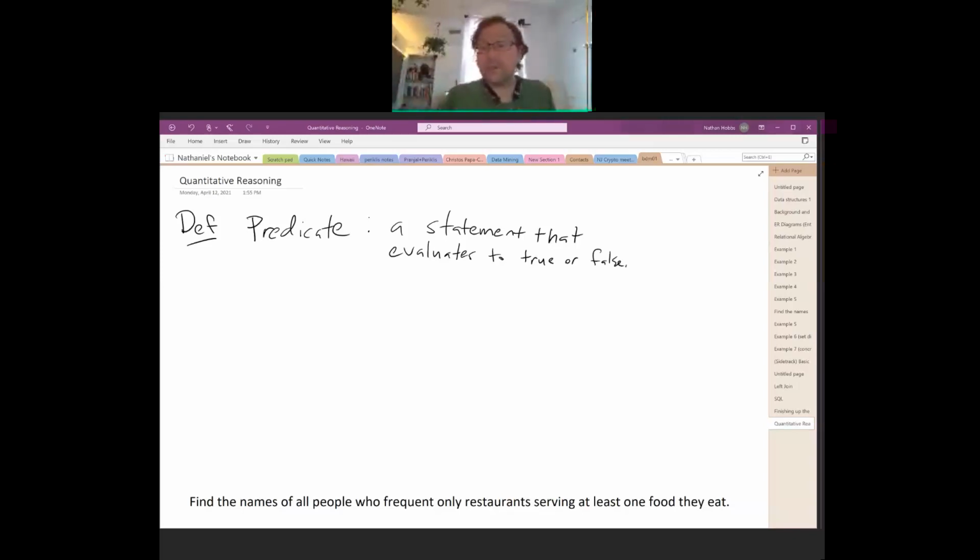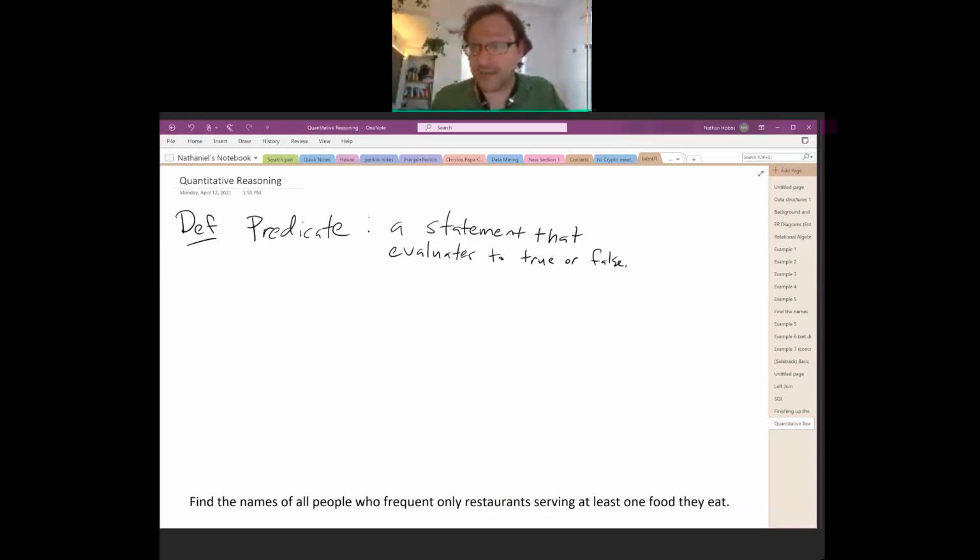Okay, so I'll be using this word quite a bit, a predicate. A predicate is just a statement that is either true or false. We've already seen predicates before.